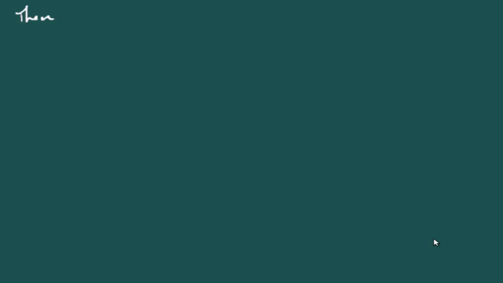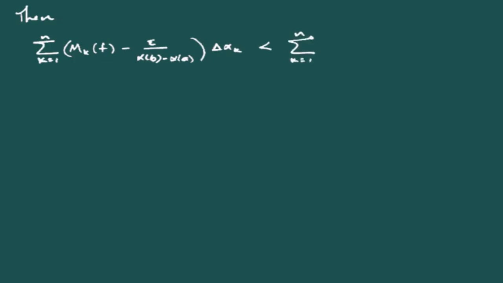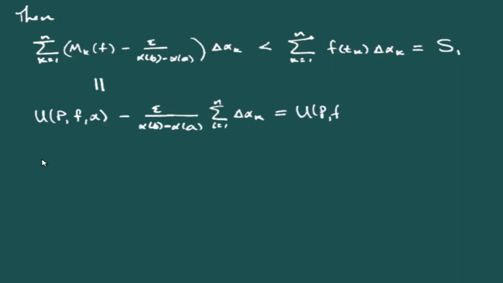So if we then turn around and do our sum, if we sum over all of these k's, multiply by a delta alpha sub k, take these sums, then if we distribute our delta alpha sub k's, we're going to get the upper Stieltjes sum with respect to our partition P minus epsilon over alpha of b minus alpha of a times our sum of our delta alpha sub k's. But remember that our delta alpha sub k's are just going to give us a telescoping sum, so that's just going to be alpha of b minus alpha of a.